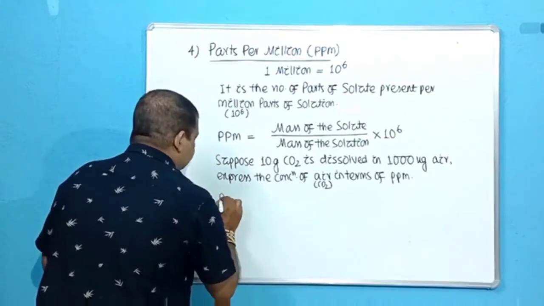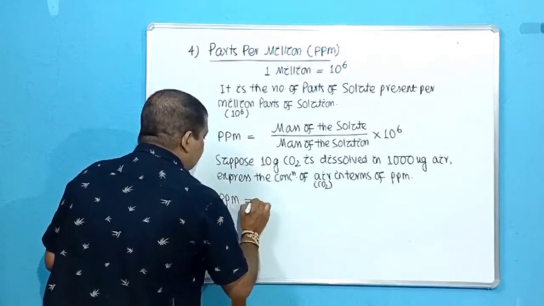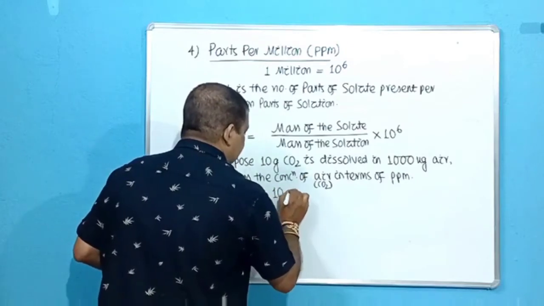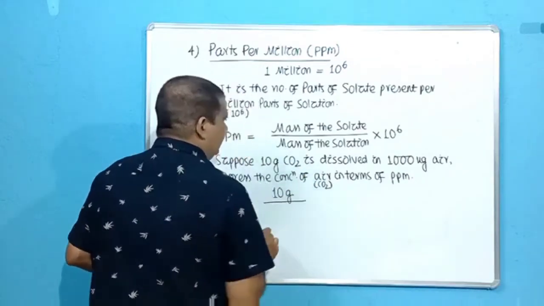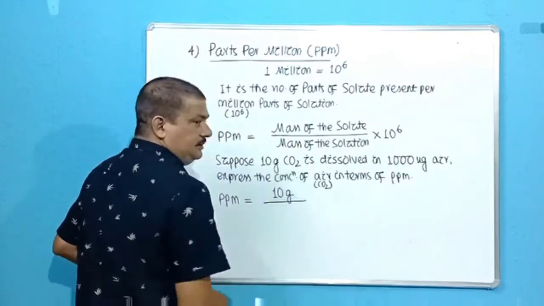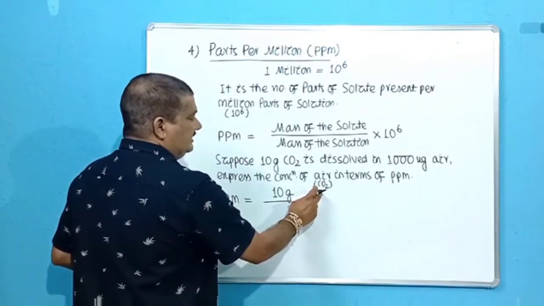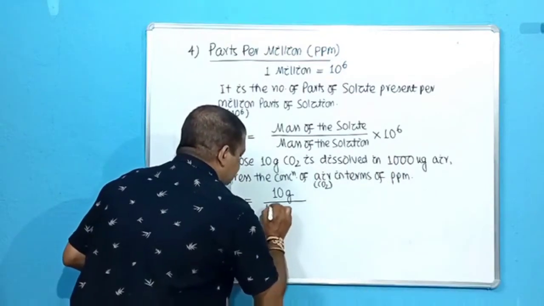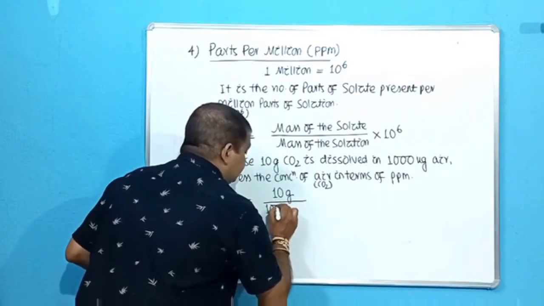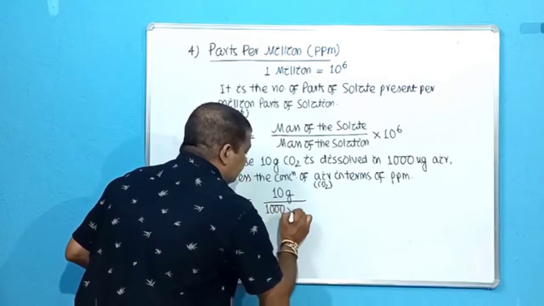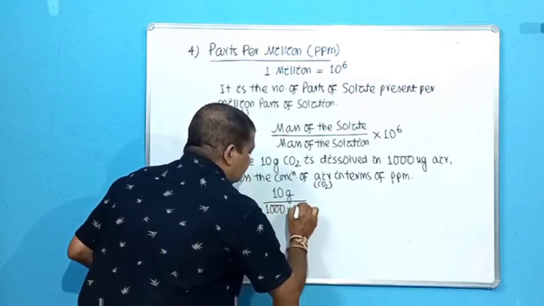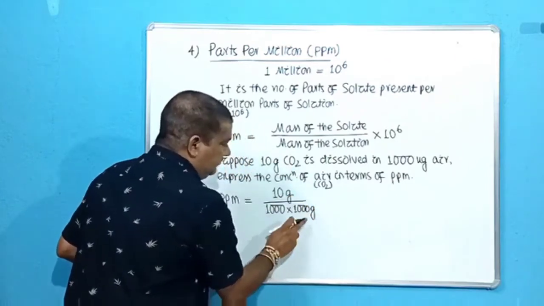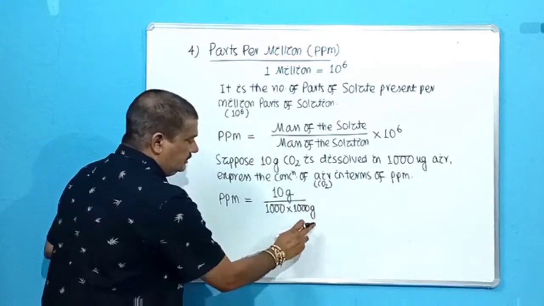So what will be ppm? Let us put the formula. ppm will be mass of the solute. What is the mass of the solute? 10 gram, divided by mass of the solution. Air now becomes the solution. So what is the mass? 1000 kg. 1000 kg, at 1 kg is 1000 gram. Because we have taken the solute in gram, we have to express it in gram also.